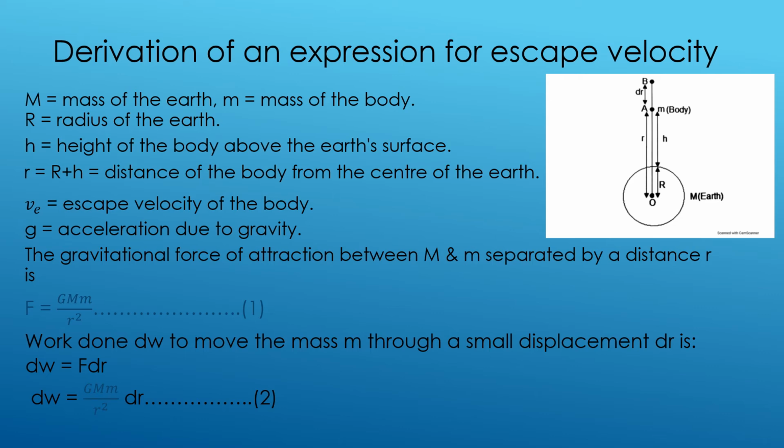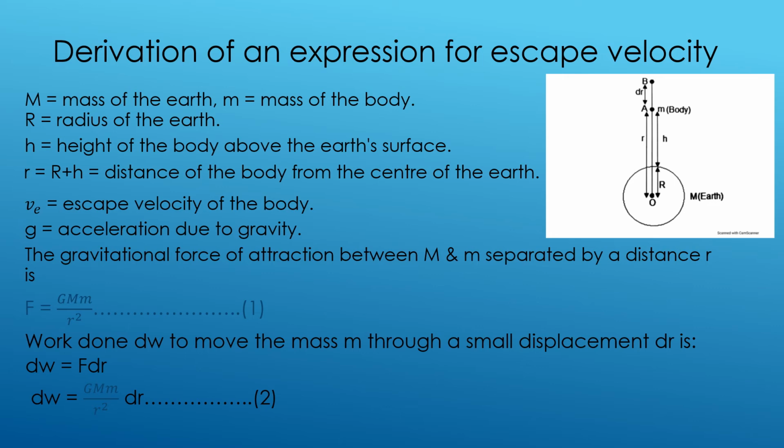We can write the gravitational force as F is equal to capital G, capital M, small m divided by r square, since the distance is r.